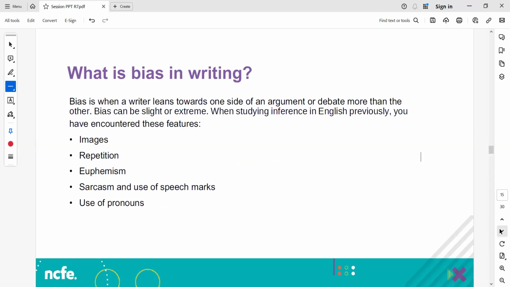So what is bias in writing? This is when a writer leans towards one side of an argument or debate more than the other. And it can be slight or extreme. When studying inference in English previously, you will have encountered these features: images, repetition, euphemism, sarcasm and the use of speech marks, and use of pronouns.